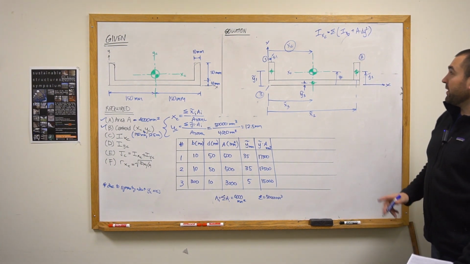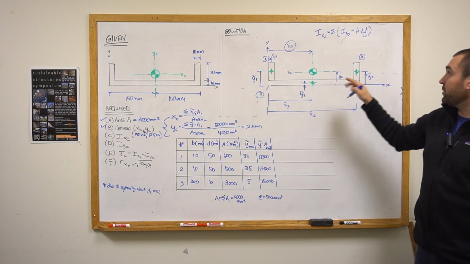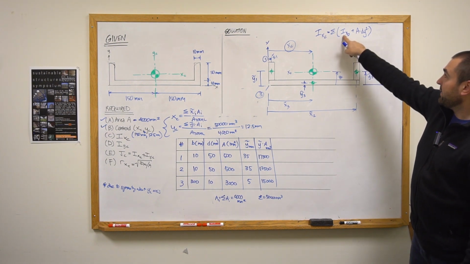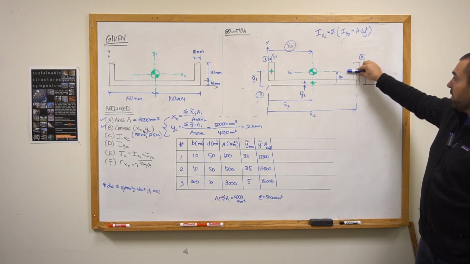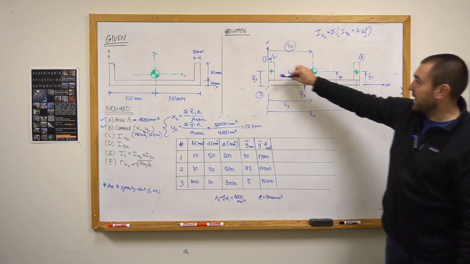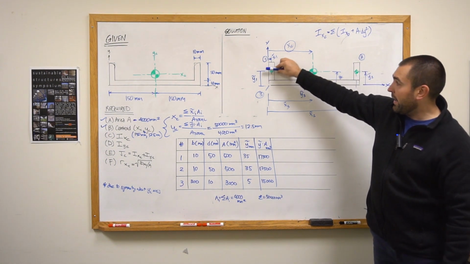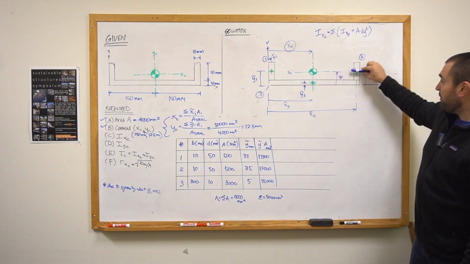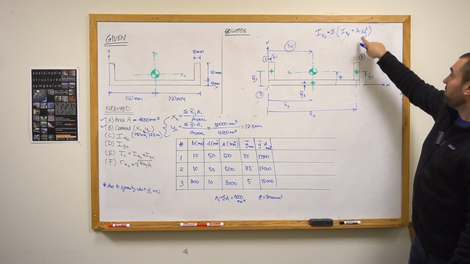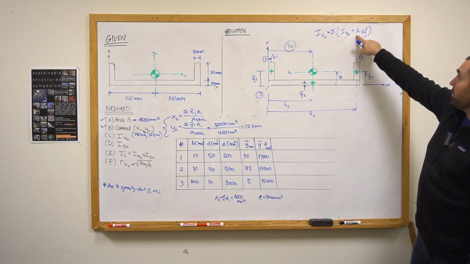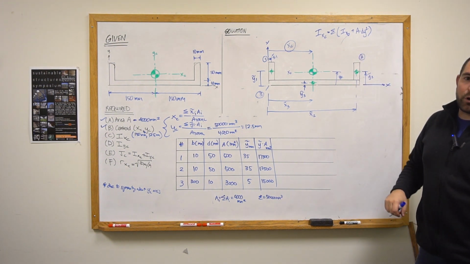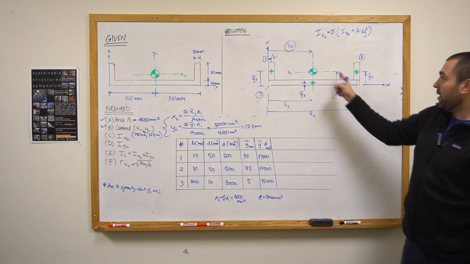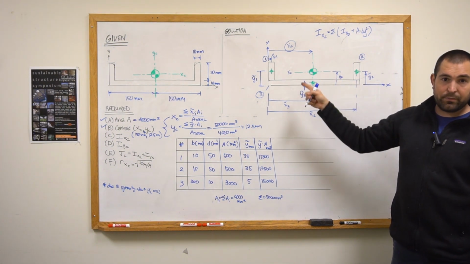So what this is telling me is that for each of these 3 individual shapes, I take the moment of inertia of each shape about their own local x-axis, or their own x-axis that passes through their centroid. There's a moment of inertia about just that point, plus the area of that shape times its perpendicular distance from our axis of interest.